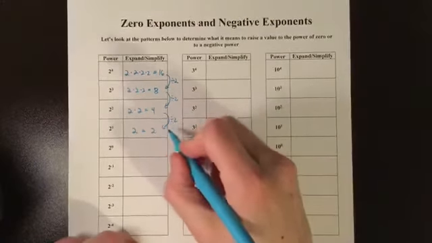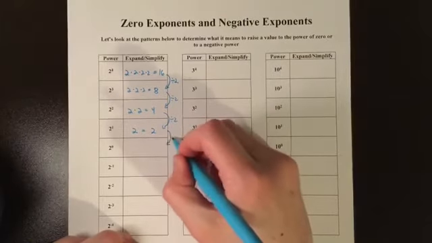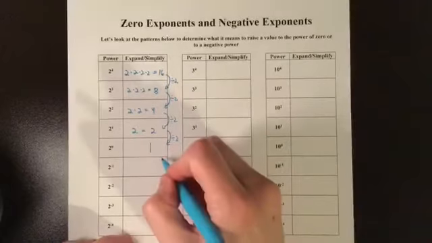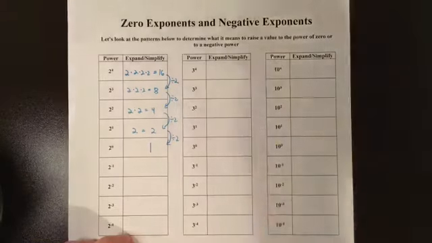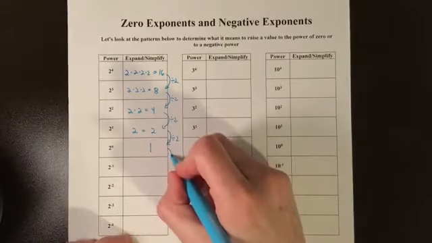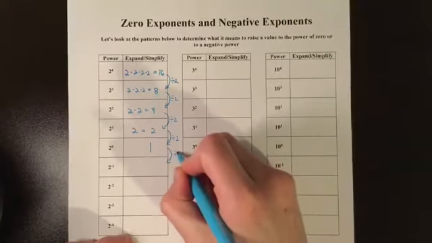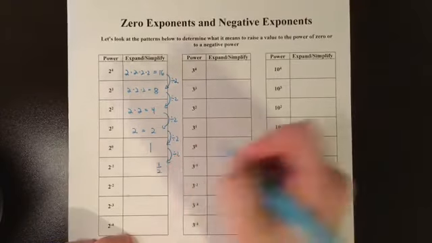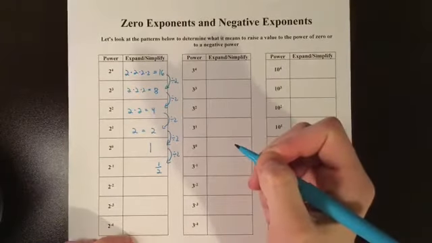So let's continue that here. 2 divided by 2 is 1. So 2 to the 0 power is 1. Let's continue that pattern to figure out what 2 to the negative first power is. 1 divided by 2 is 1/2.